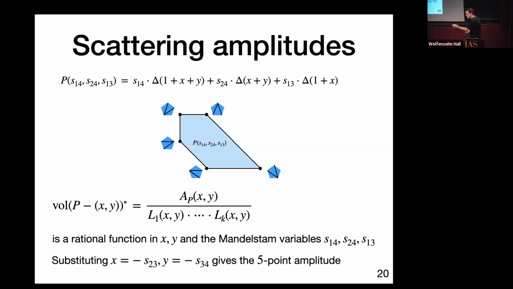If you make one final substitution, so you set x to minus s_23 and y to minus s_34, then this magically equals the 5-point amplitude in the bi-adjoint scalar phi cubed theory. That was also the topic in Thomas' talk.